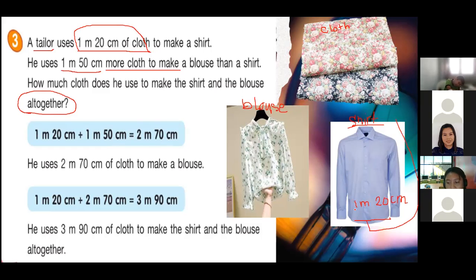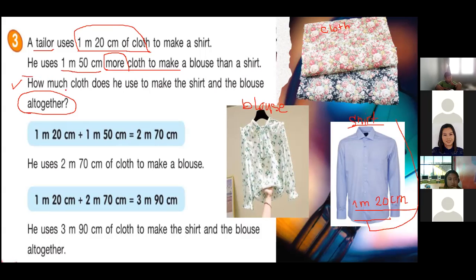Okay, and next he used 1 meter and 50 centimeter more. It means there's a lot more cloth to make a blouse than a shirt. Another, this is the question.